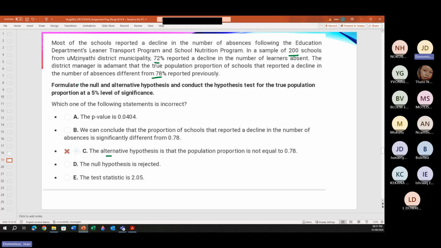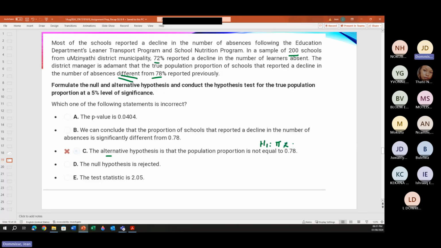So the district manager is adamant that the true population proportion of schools that reported a decline in the number of absent learners. So there again, it's different. So the alternative hypothesis tells us that it is not equal to.